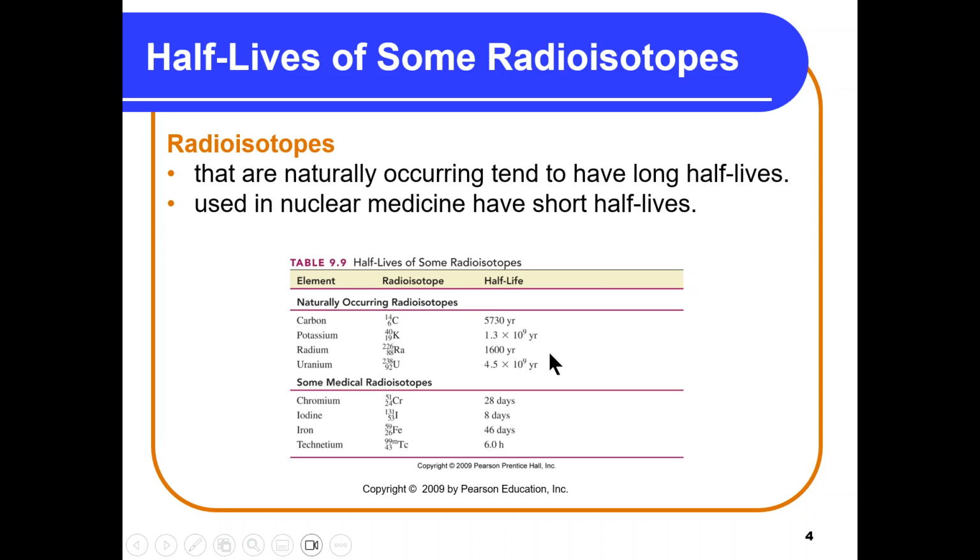So there are some substances that have very long half-lives, and there are others whose half-lives are relatively short. And what you'll find is that in terms of medical usage, they tend to use radioactive isotopes that have relatively short half-lives, of the order of hours or days. Naturally occurring radioactive isotopes tend to have longer half-lives, in the years and thousands of years and billions of years and so on.